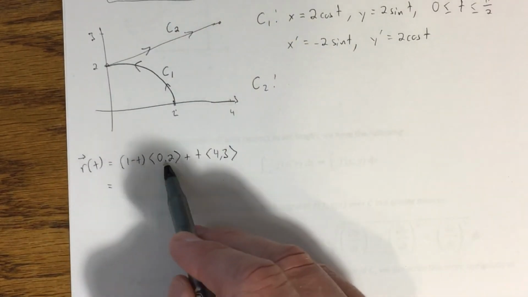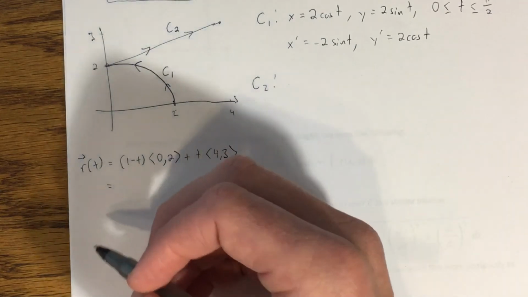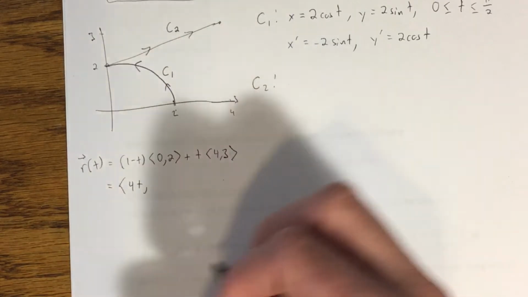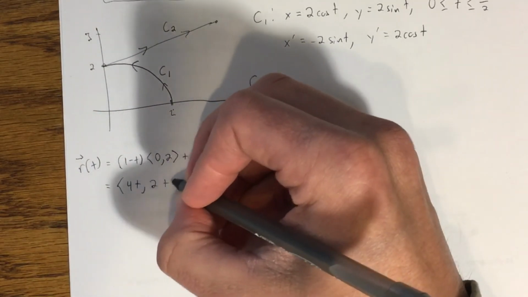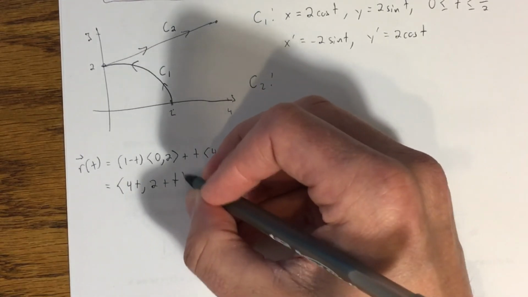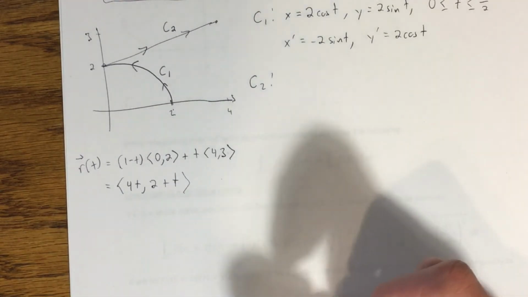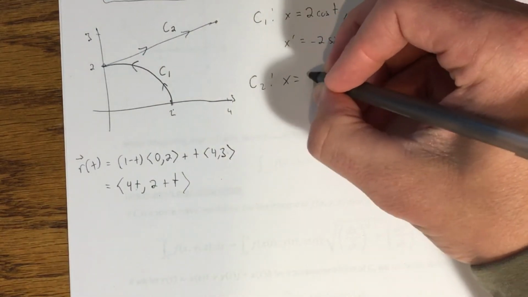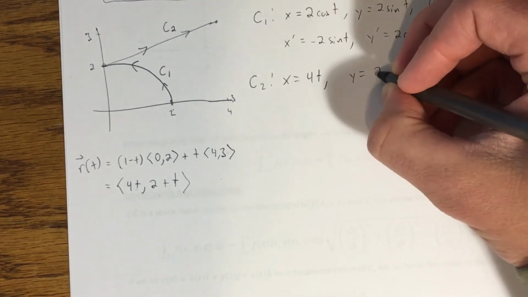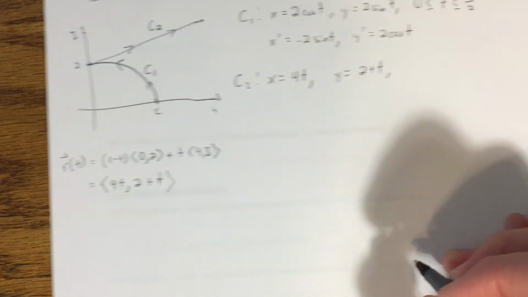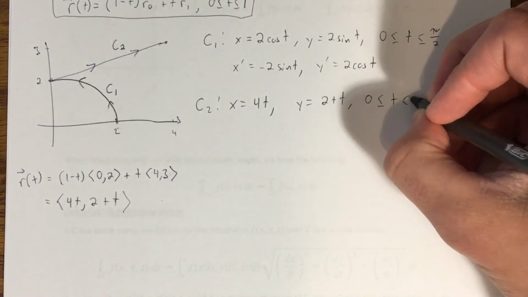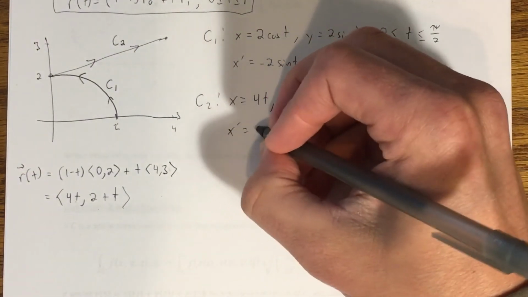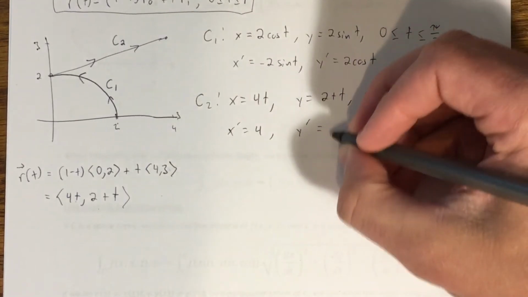If you multiply these scalars in and then combine everything, you'll see that you get the vector (4t, 2 plus t). So this is the x and this is the y. That means I have x equals 4t, y equals 2 plus t. And again, for these parameterizations, t goes from 0 to 1, using that standard parameterization for a line segment. x prime in this case is 4, y prime would be 1.